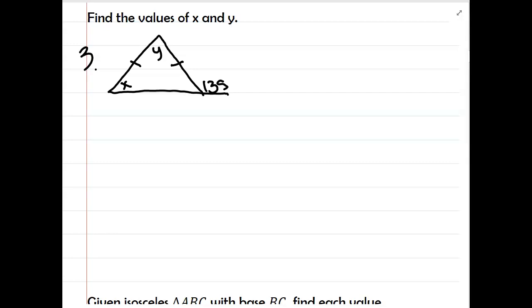Now, I want to find x and y. So before I come up with a game plan, we might want to bring back all of the information we know about triangles, because I've got this exterior angle and I've also got an isosceles triangle. So let's start with the idea that this is an isosceles triangle. Why is that important? How is that helpful?